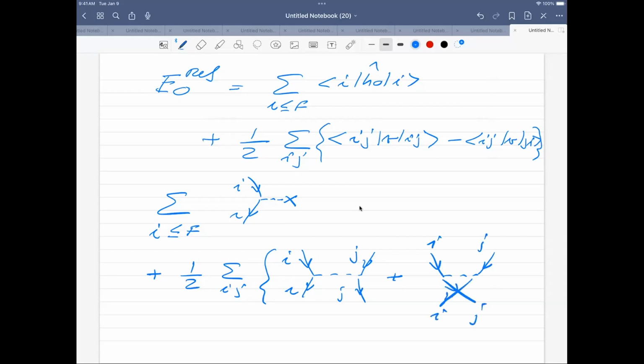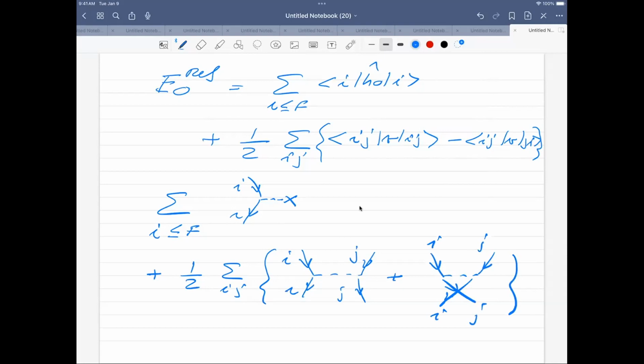This will be I and j. Alternatively, I can use these Hugenholtz diagrams. Now, what you have here becomes a little bit clumsy, because you have to keep this summation of i's and j's. So instead of keeping these summations, I'm going to do something which is called to close the loops or close the fermion lines.